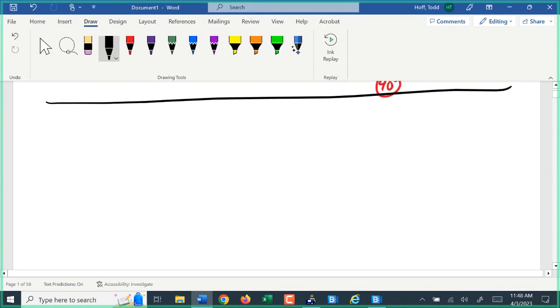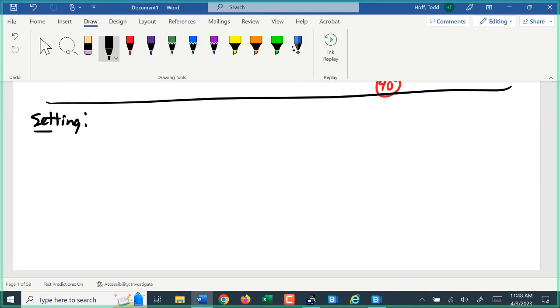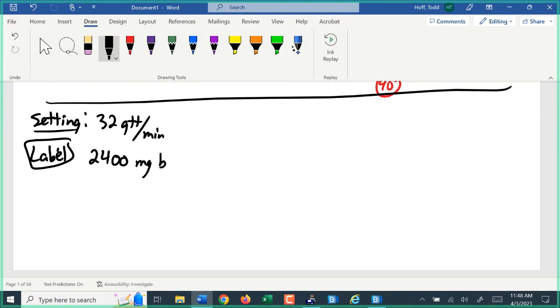So if we look at another example, let's say that again, we find that the setting on the infuser is set at 32 drops per minute. We look at the label on the bag, and it tells us it's a 2,400 milligram bag that is constituted 12 milligrams in 5 milliliters with a drop factor of 8 drops per milliliter.